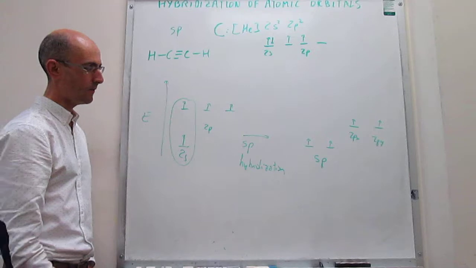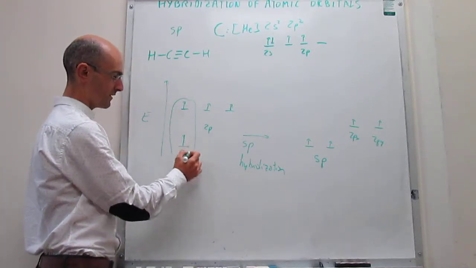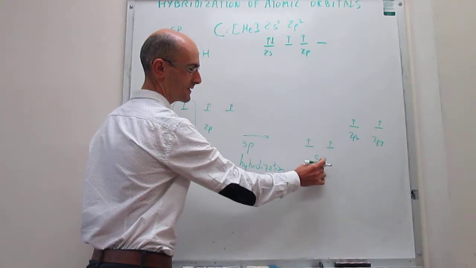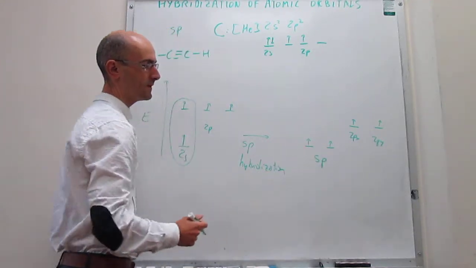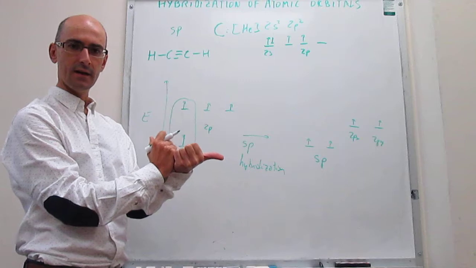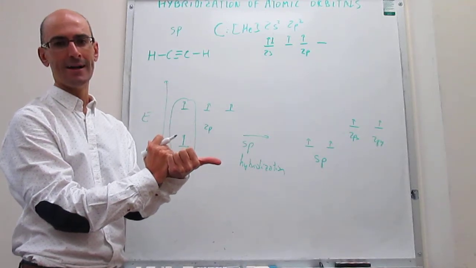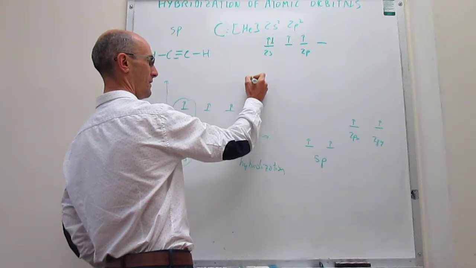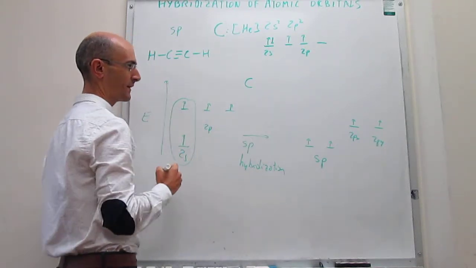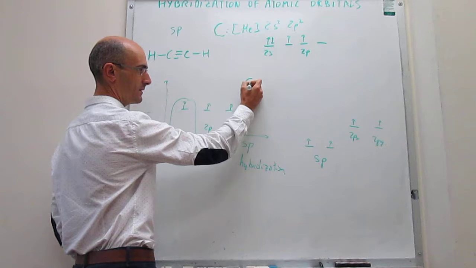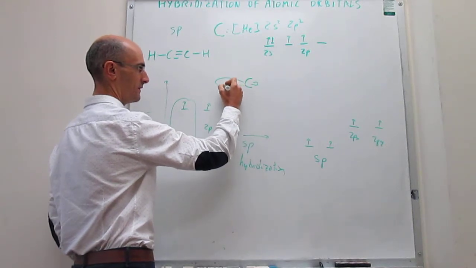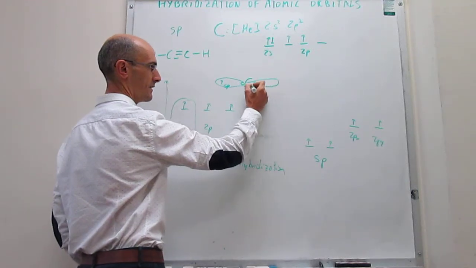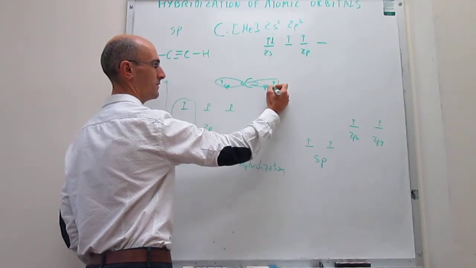Now, importantly, when you do the mixing of the wave functions for the s and the p, what actually happens is that these two sp orbitals are pointing in opposite directions, so they're anti-parallel. So the way that we can draw that structure is this will be the carbon atom, and one of the sp's points this way, that is the sp with one electron, and the other sp points that way, in this direction.